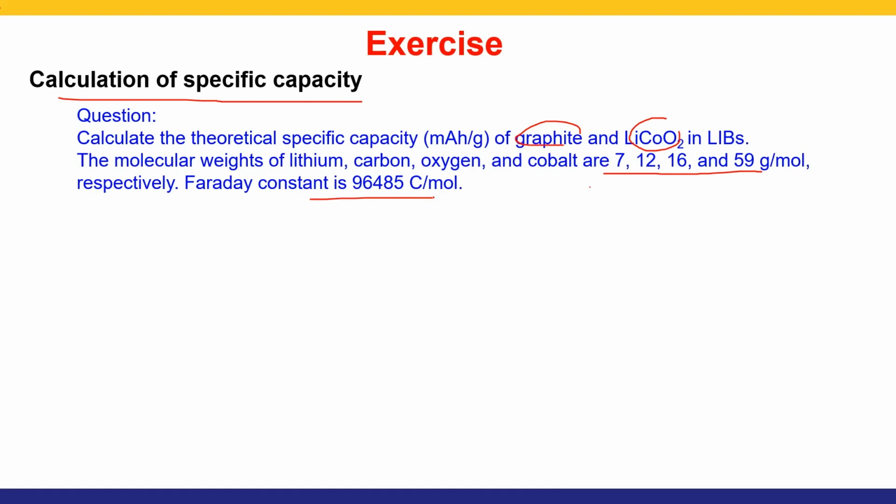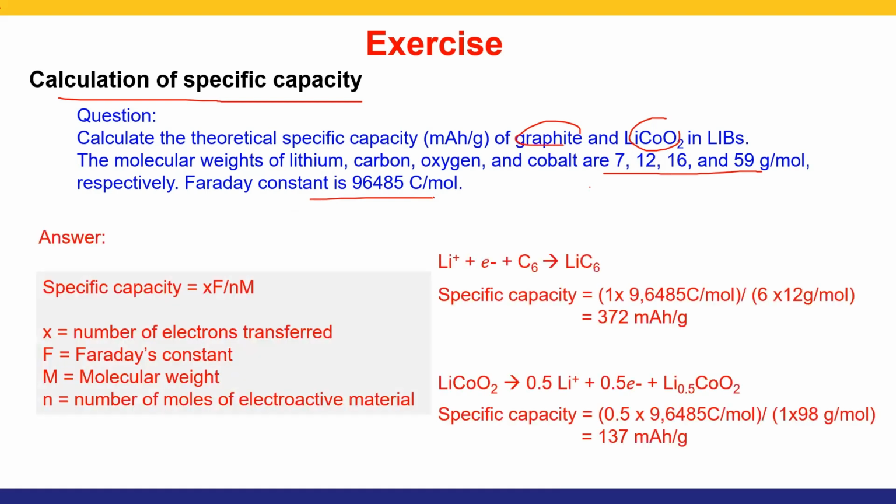Okay, by doing some simple mathematical manipulation, you can get the formula of specific capacity as x times F divided by nM. x is the number of electrons being transferred, so when you multiply x with the Faraday constant, you can get the total charge involved. And nM is basically the molecular weight times the number of moles of the electroactive material.